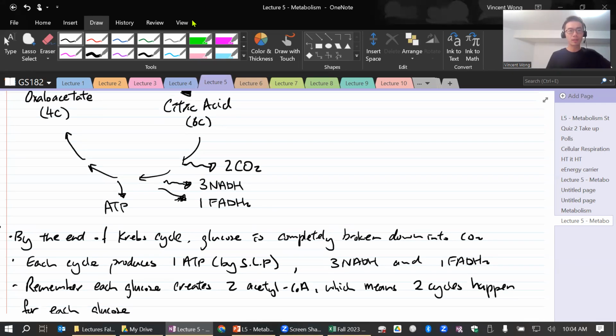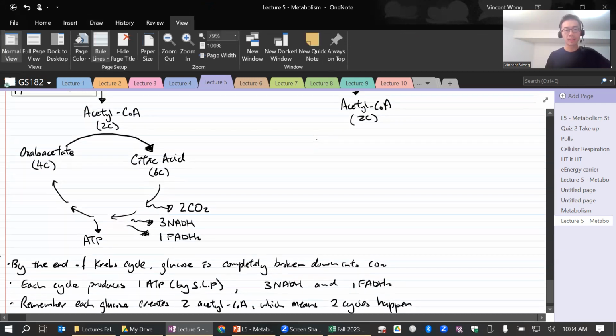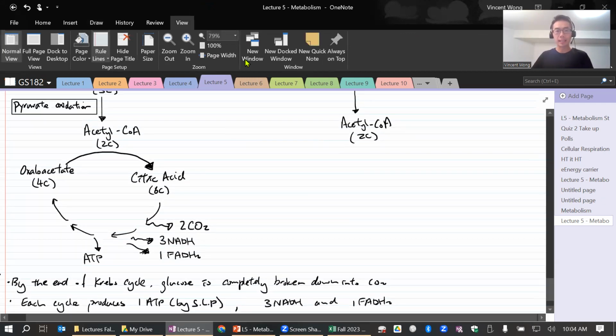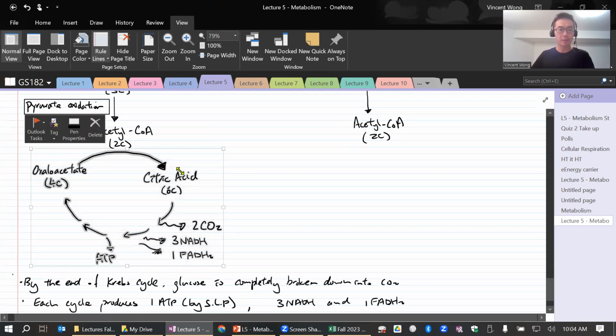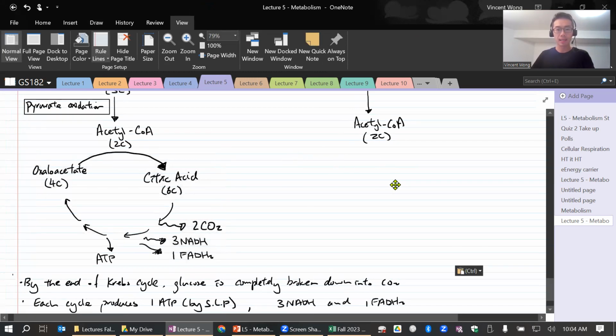Right? So that's why over here, the other acetyl-CoA is going to undergo the exact same thing.